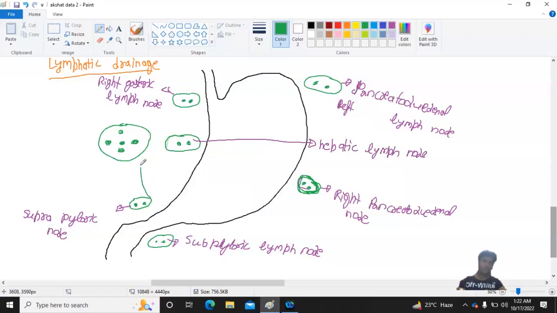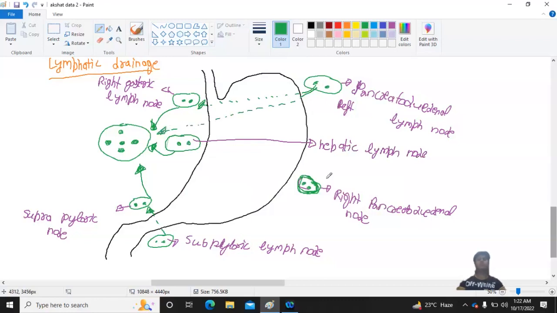This drains into the celiac lymph node. Here also it drains into the celiac lymph node. This also. The lymph nodes of the subpyloric first drain into the suprapyloric and then these drain into this. These first drain into this and can also drain directly into the celiac lymph node.